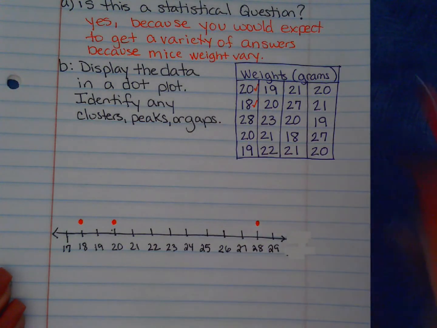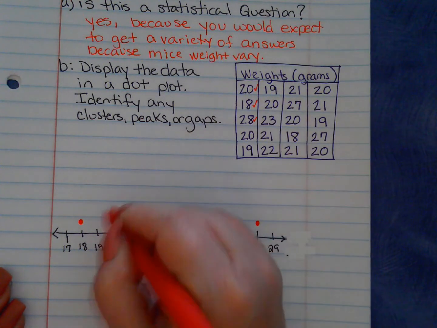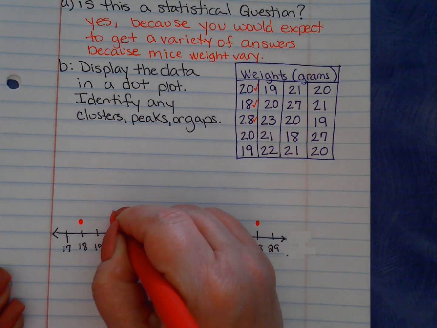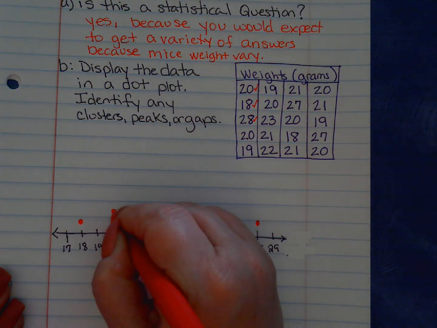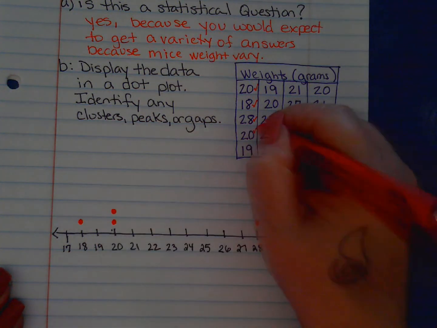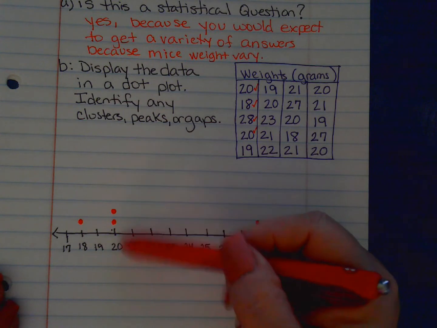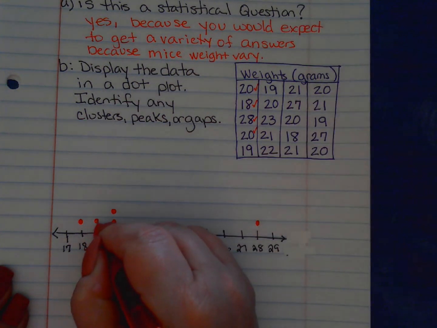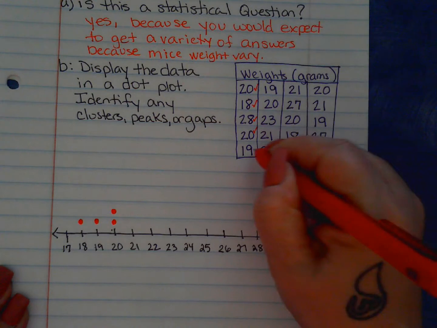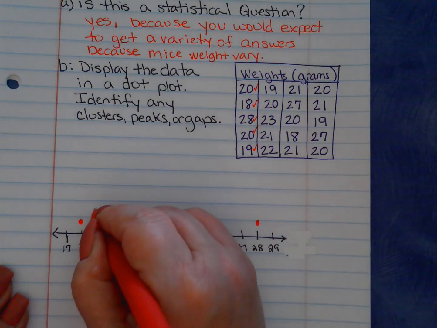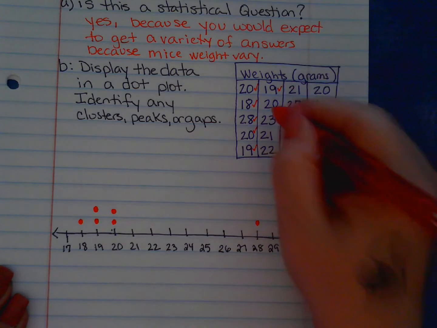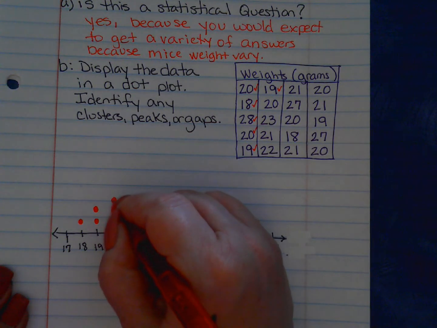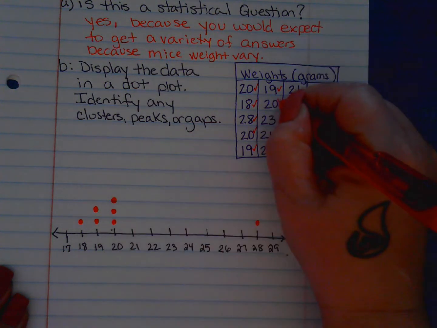Okay, and I'm going to keep on going every time I plot one. Oh, look, I've got another 20, so that means I need to go above it and add a 20. Because right there it shows me so far I have charted 2 20s. Okay, 19. And I'm just going to continue through 19 again. 20 again. 23.